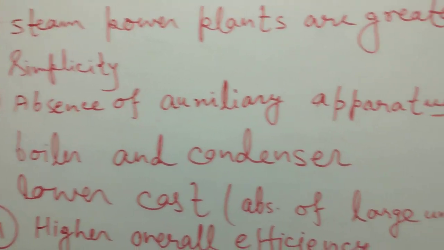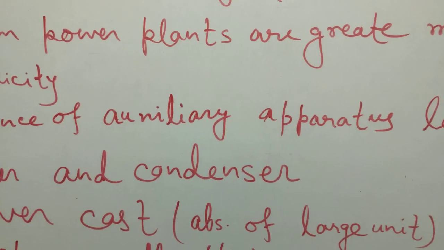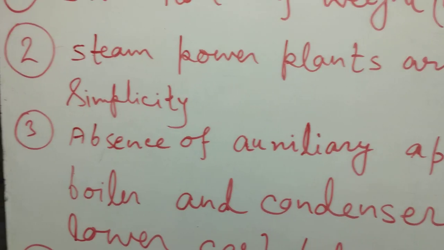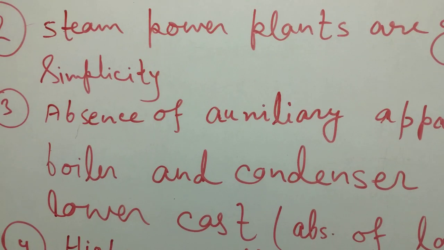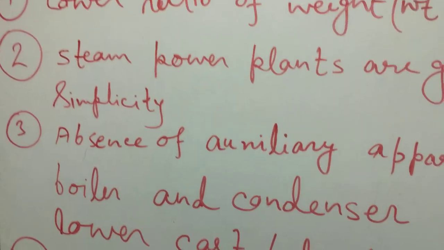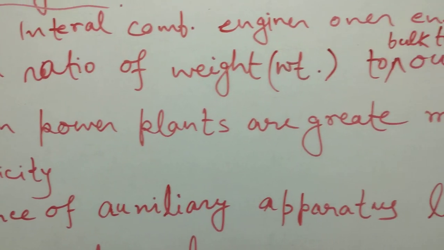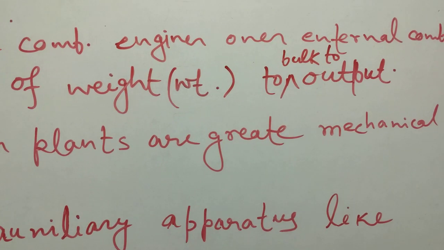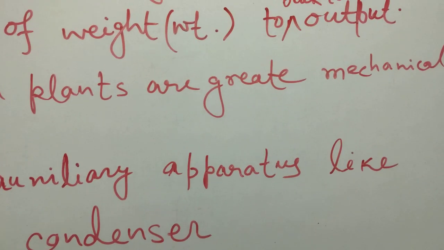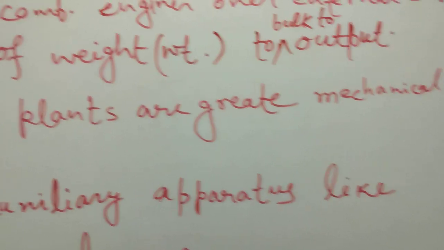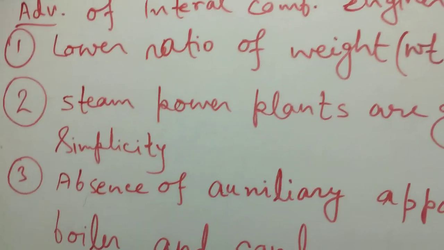Therefore, there is lower cost in the absence of the large units of boiler and condenser, which are used for the boiling and condensing of steam. Steam power plants have greater mechanical complexity, while internal combustion engines have mechanical simplicity.